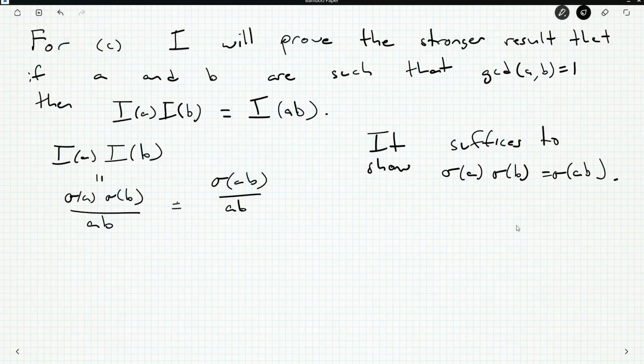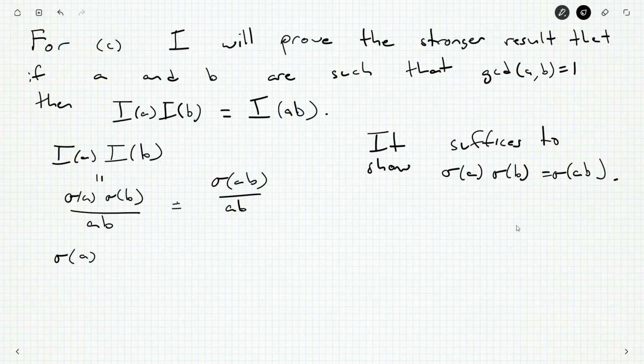So sigma A equals the sum of all the divisors. So I'll show you an example of what I'm planning on doing. So if I had, say, 1 plus q plus pq plus p squared q, and then p squared q.